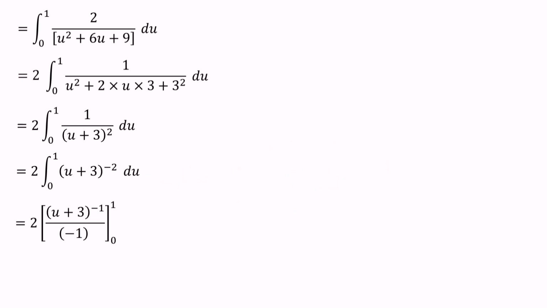Denominator value minus 1 is a constant. So we can write 1 over minus 1 value outside of the bracket. Numerator value u plus 3 to the power of minus 1 equals 1 over u plus 3 to the power of 1.